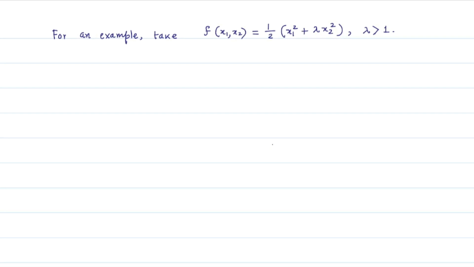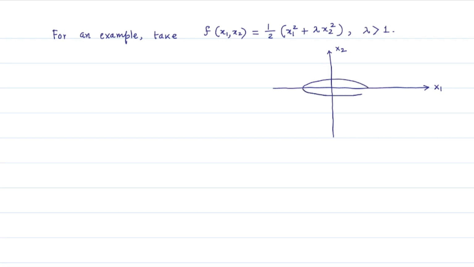Here for this function, you may quickly draw the level curves. The level curves of this function are given by ellipses having major axis length bigger than the minor axis, and therefore an ellipse of this kind.